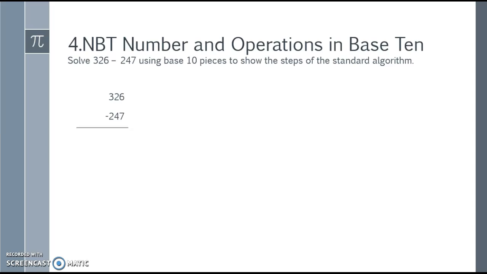Let's solve 326 minus 247 using base 10 pieces to show the steps of the standard algorithm. Take a moment to use your own base 10 pieces to follow the steps. Pause the video and we'll talk about it. You found that you didn't have enough ones in 326 to take away 7 ones. So you borrowed 1 from the 2 tens, giving us 10 more ones, so 16 minus 7, which is 9.